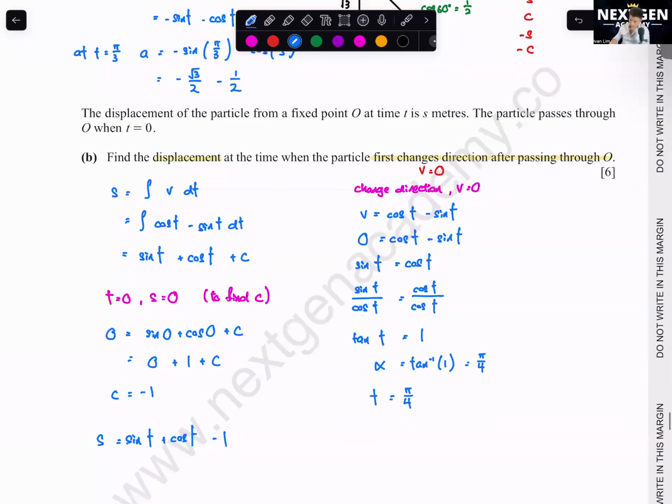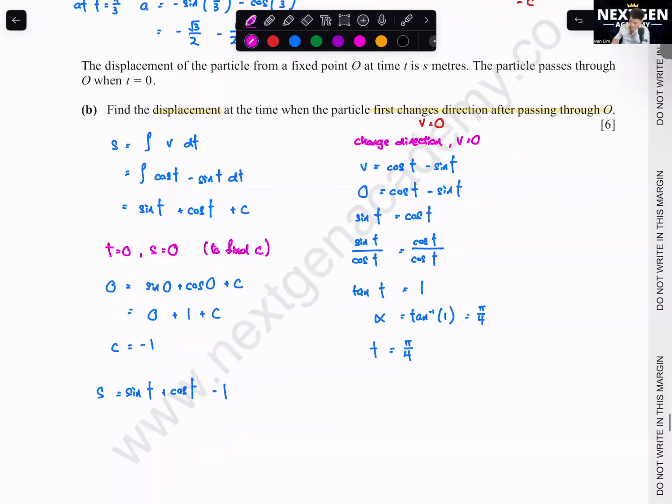Now we substitute into s, your displacement. So s is equal to sine pi over 4 plus cos pi over 4 minus 1. We get surd 2 over 2.